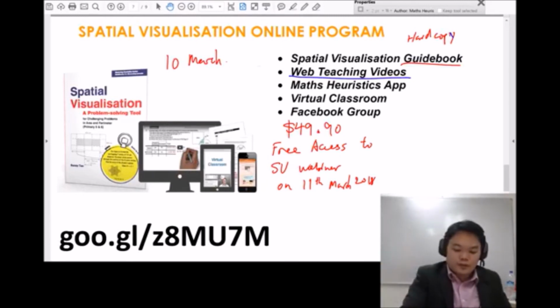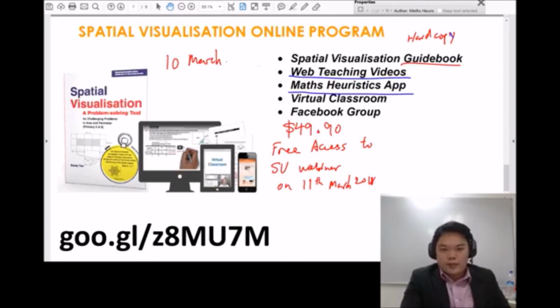The Maths Heuristics app will be a mobile app that you can download on iOS or Android. Then this is more interactive. It's catered more towards kinesthetic and tactile kids learning profile, because for them they tend to be more hands-on. It will also control the flow of information at which they can take their time to digest.